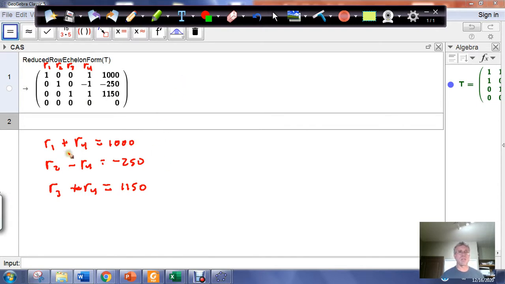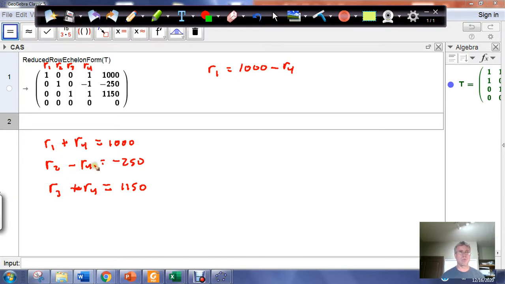And then what we want to notice is that road 4 shows up as a variable in each of these. So I'm going to solve each equation in terms of road 4, because road 4 is going to be kind of the controlling factor or the controlling road in this particular case. Clearly what happens to road 4 impacts each of the other roads in the system. So here, subtract road 4 from both sides is going to give us road 1 is equal to 1,000 minus road 4.